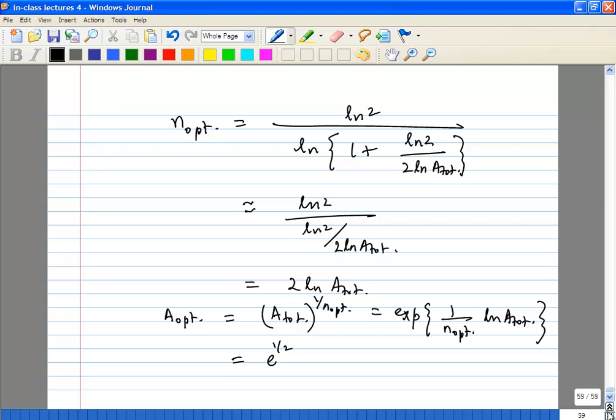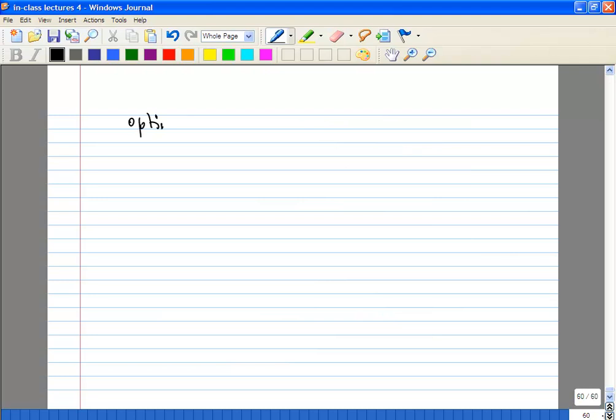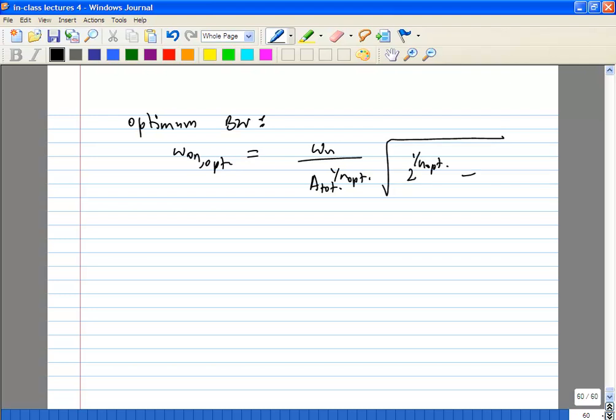What is your optimum bandwidth? You just put in n equals n naught inside the equation. So this A tot over 1 over n naught is nothing but root e.